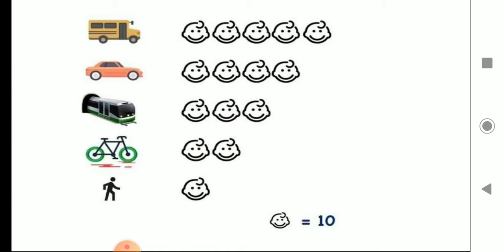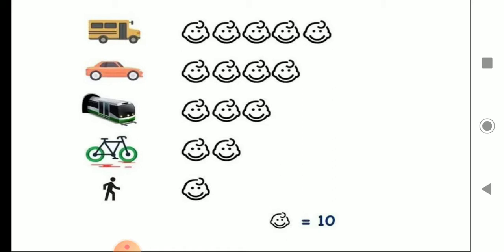You could see one picture stands for 10 students. Counting 1 2 3 4 5, we cannot say 5 students are coming by bus. One picture stands for 10 students, so that is 50 students. How many come by car? These are 40 students. How many come by train?